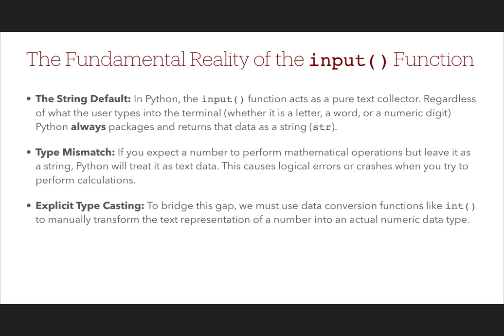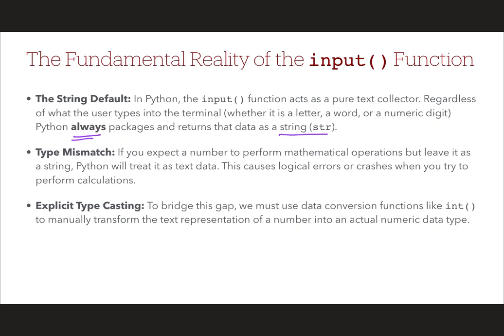Actually, regardless of what the user types into the terminal, Python always packages and returns that data as a character string. So even though the value from the user is integer valued or float valued, Python returns that value as a character string.